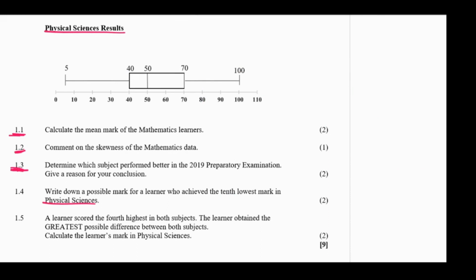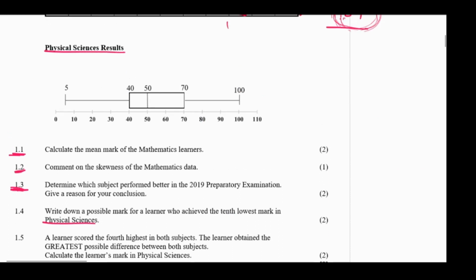We should write down a possible mark for a learner who achieved the 10th lowest mark in physics.